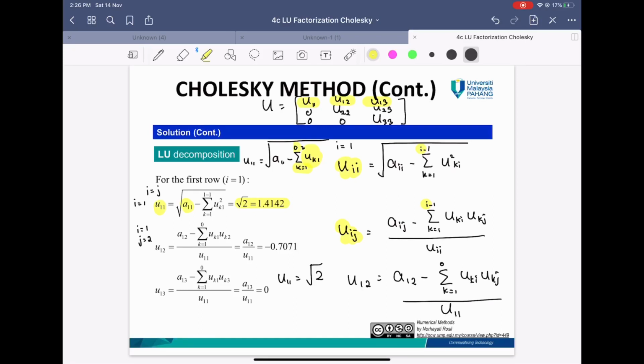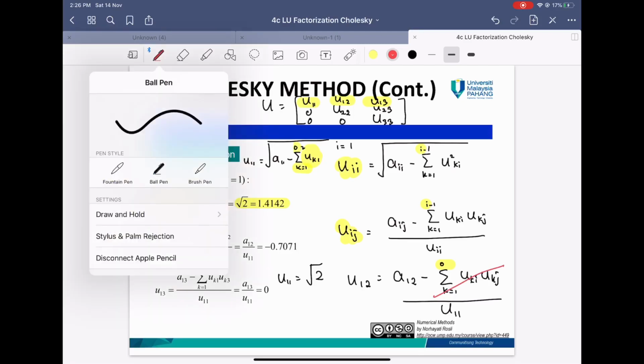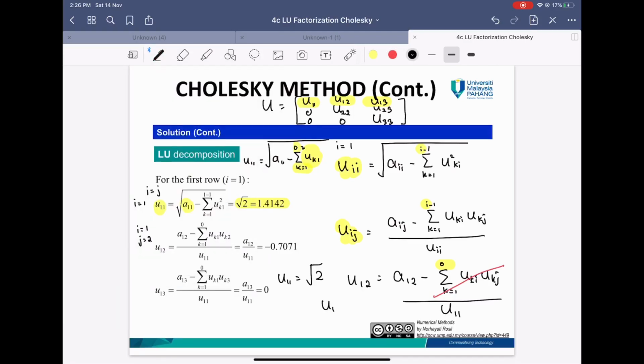Because here k is equal to 1 to 0, we don't have this term. So it will give us U12 is equal to A12.